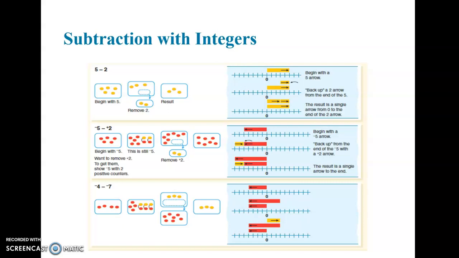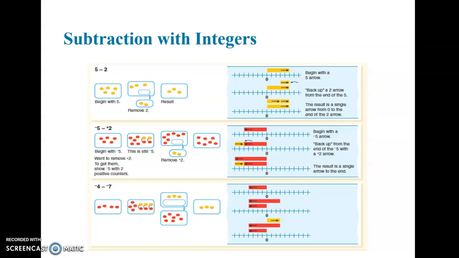To model this, you start with 5 negative counters. To remove 2 positive counters from a set that has none, 2 neutral pairs, 1 positive and 1 negative, must be added so that 2 positive counters can be removed. Then the 2 positive counters, yellow, can be taken away. The net effect is to have a $7 debit, -$7.